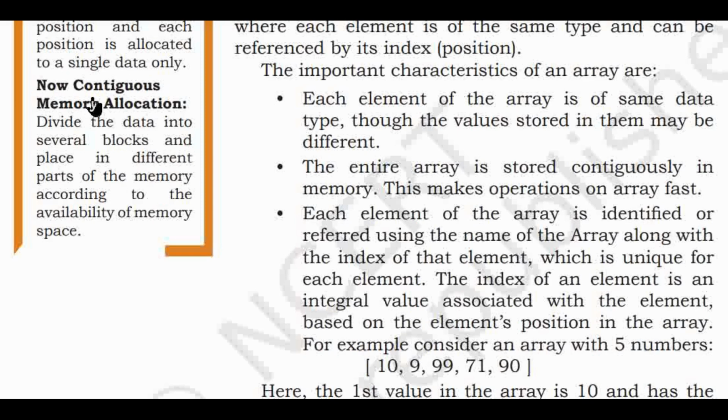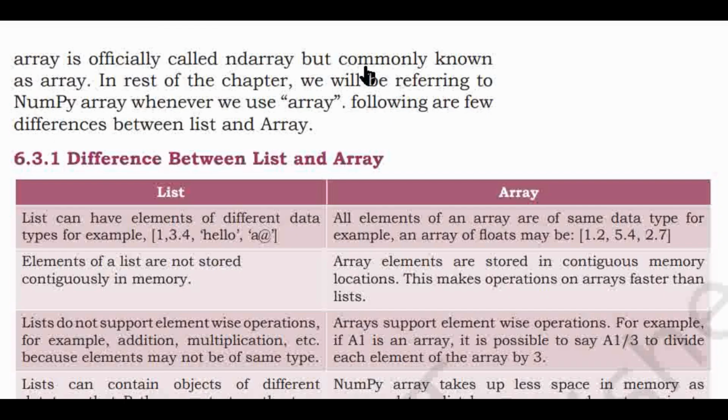Non-contiguous memory allocation divides the data into several blocks and places them in different parts of the memory according to the availability of memory space, but commonly known as array. In rest of the chapter, we will be referring to Numpy array whenever we use array.